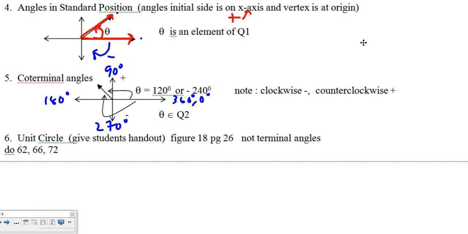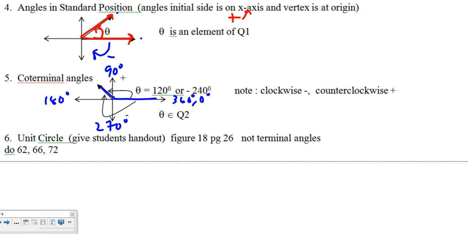However, the question really is, what is the coterminal angle to 120 degrees? Same initial side, same terminal side, but going in the negative direction. Instead of going counterclockwise, I'm going clockwise, and I'm going to see it's going to be 180 degrees, plus a little bit more than 180 degrees.